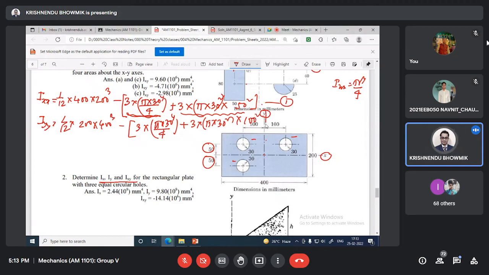Distance is 100, is not it? 100 square. Millimeter power 4.